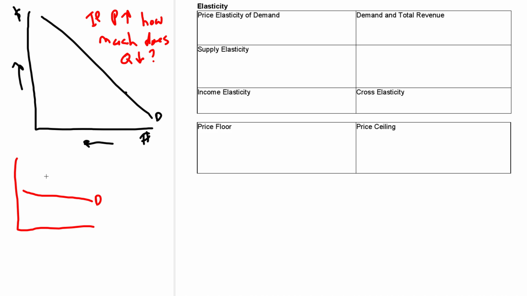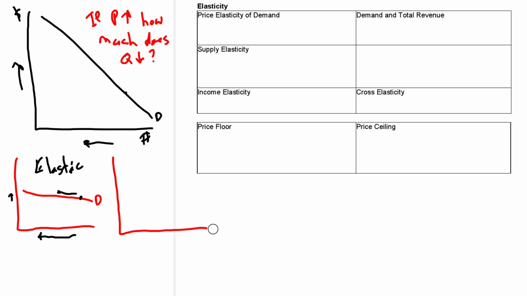As price goes up, quantity is going to go down. But here's the thing, price only goes up a little bit, and quantity changes by a lot. So this is an elastic situation. Elastic.